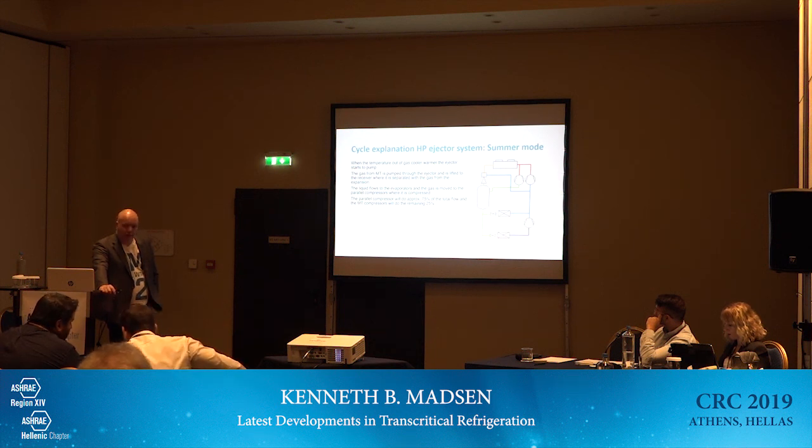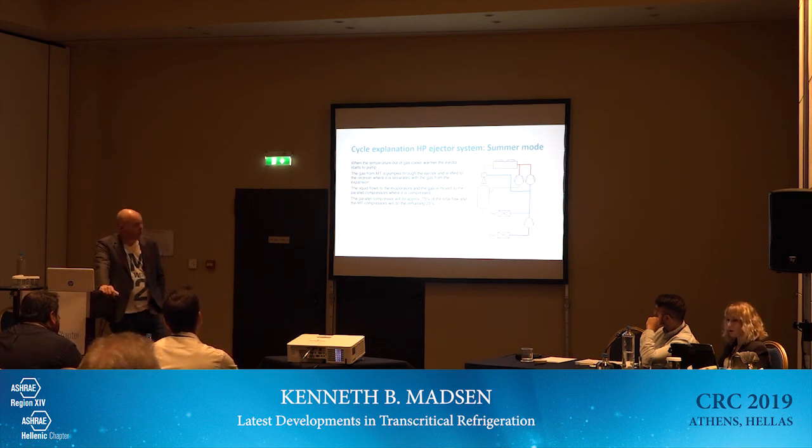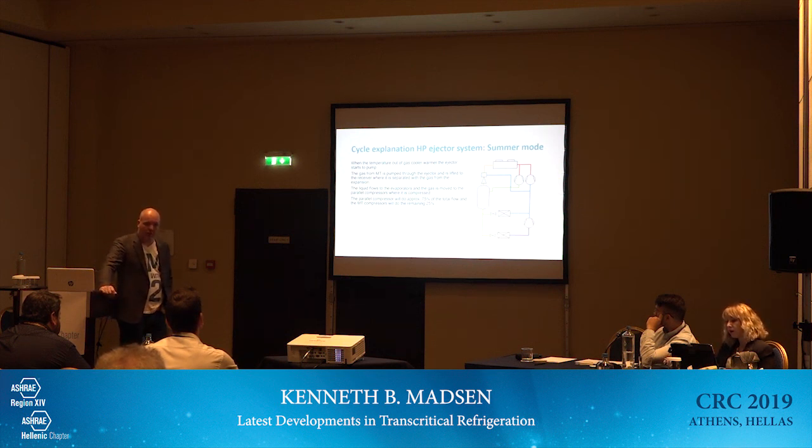So instead of having the MT compressors do all of the mass flow, in this case the parallel compressors are actually doing around 75% of the flow. And since they're working at a higher suction pressure, it actually gives us a quite nice saving.